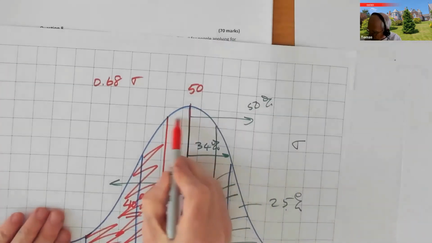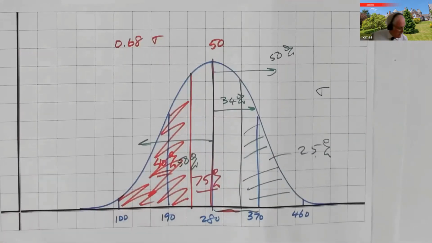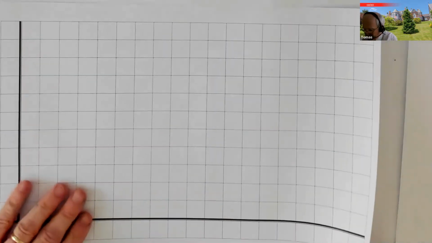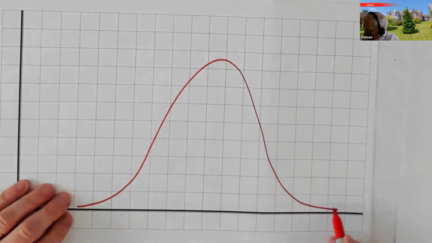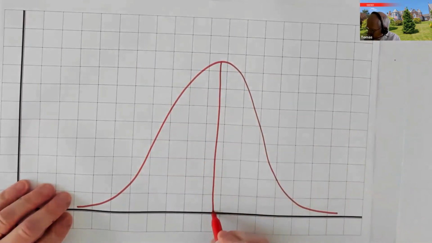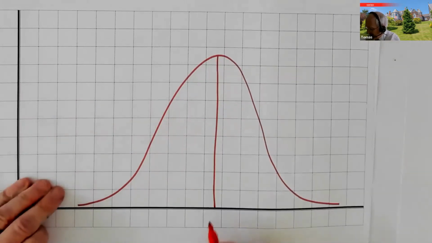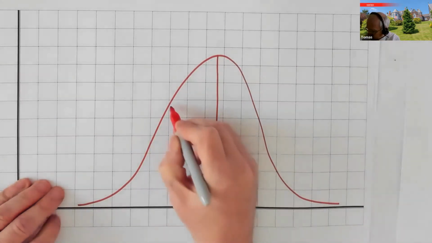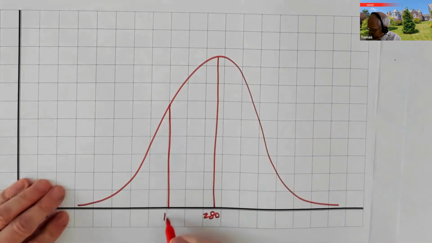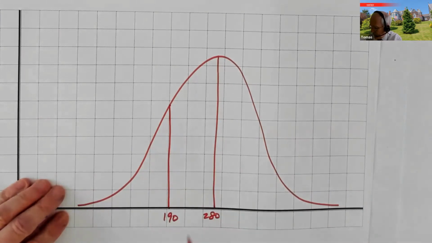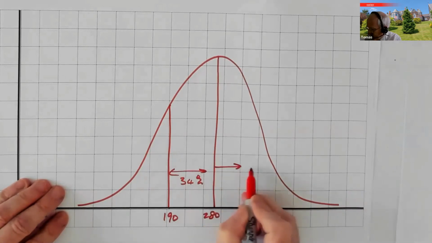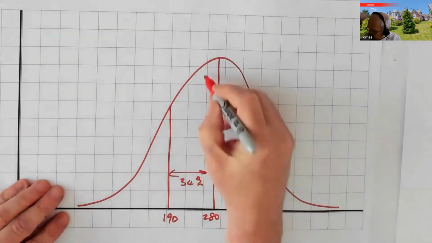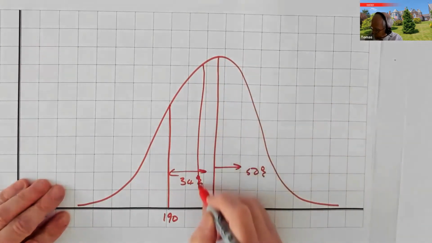Let me draw that a little bit neater again. I think it was 280, and this was maybe 190, and that was 34%, and this was 50%, and I just wanted this to be about 10%.